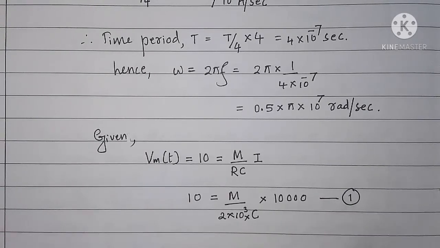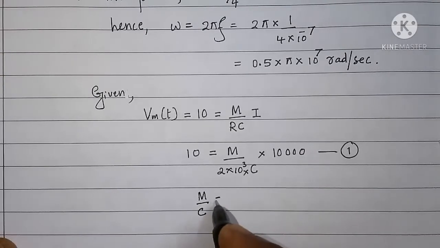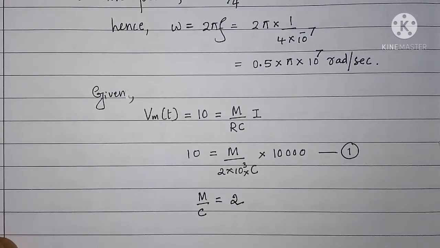Let us call this as equation 1. Further simplifying, we get M by C is equal to 2.